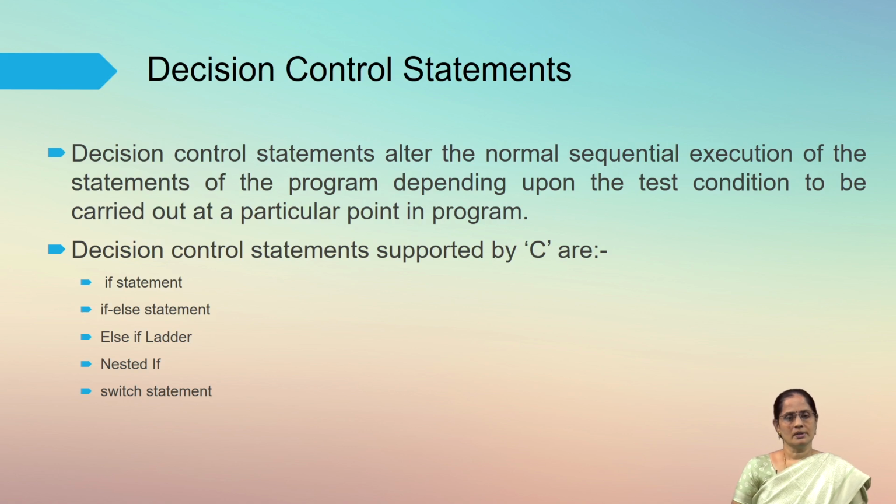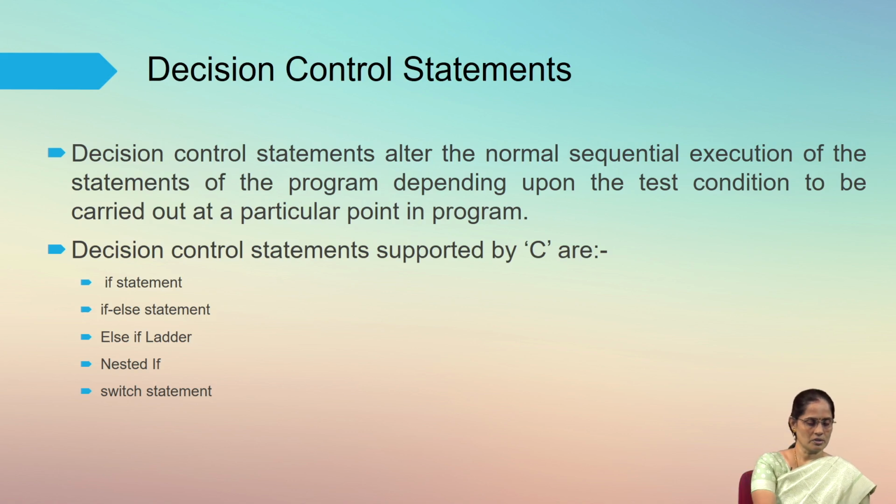What is the set of decision control statements which are used in C language? We have 5 control statements which are used for making a decision, and based on the output of the decision, the corresponding statement can be executed.